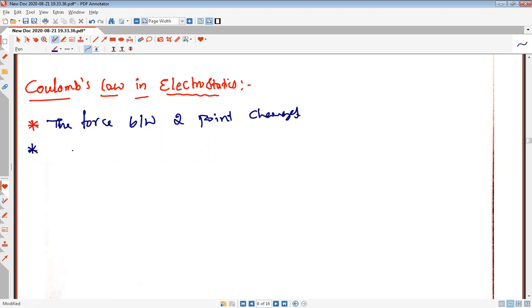You must remember this Coulomb's law can be applied only for point charges at rest.